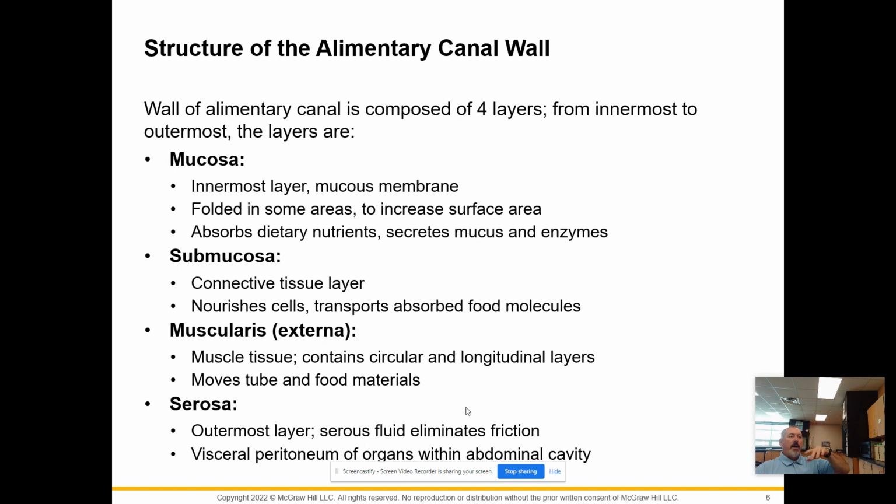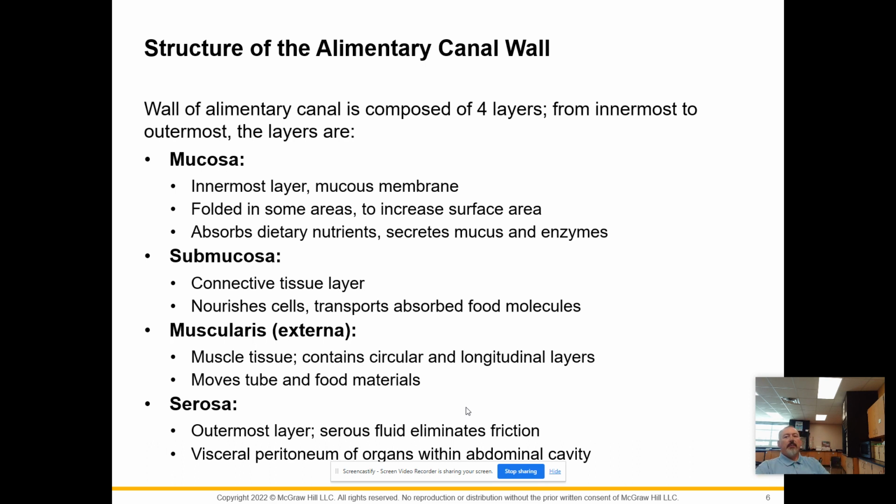The more surface you have would be similar to having a longer intestine. So our small intestine, if it was way longer, it would be equivalent to what it is now with all the different curvatures. This is going to absorb dietary nutrients and secrete mucus and enzymes.